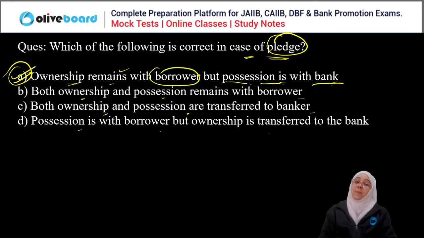So A is the correct answer here, everyone. Ownership always remains with the borrower, but you have to transfer the possession to the bank. Okay, done.